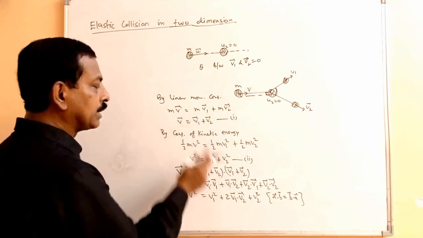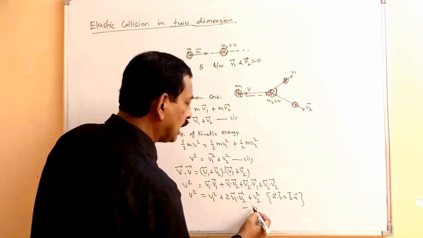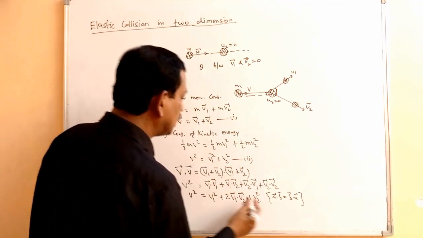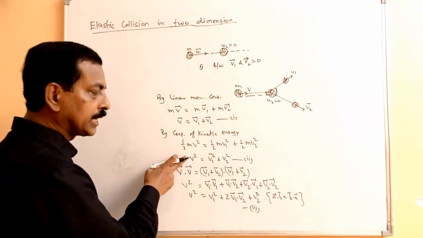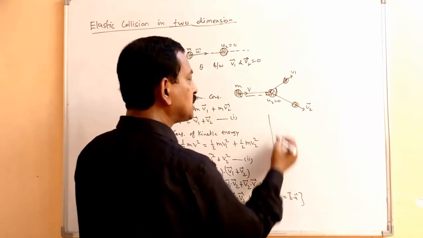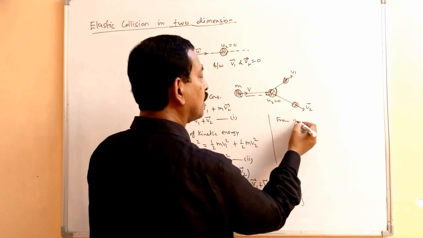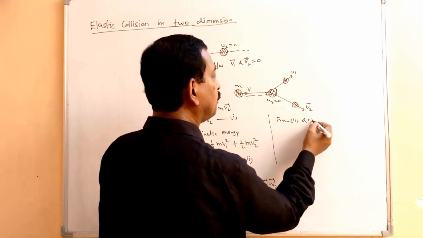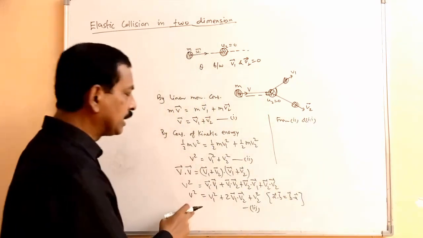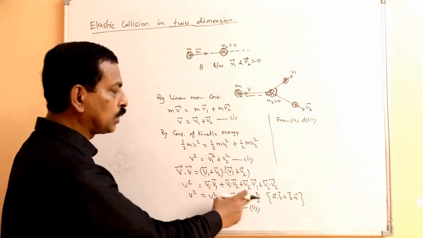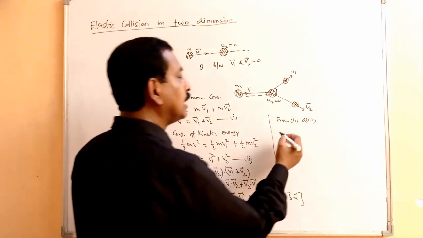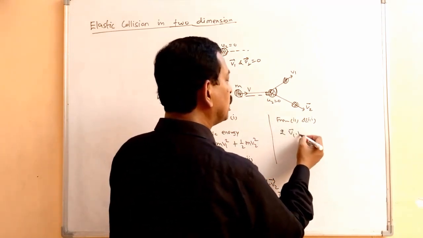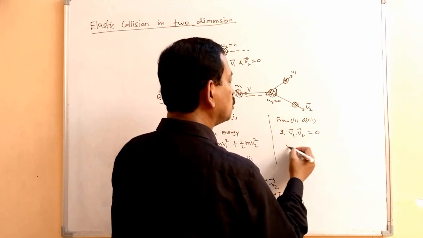Now if you compare this as the third equation, this is your second equation. So from second and third, if you compare, what will you find? v1 square, v2 square will get cancelled, and you will get 2 times v1 dot v2 equals to 0.